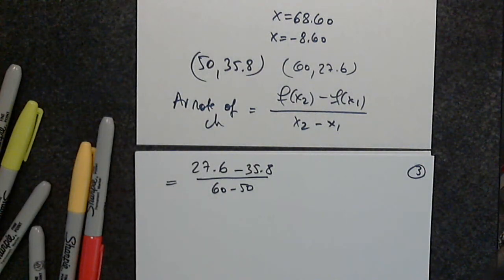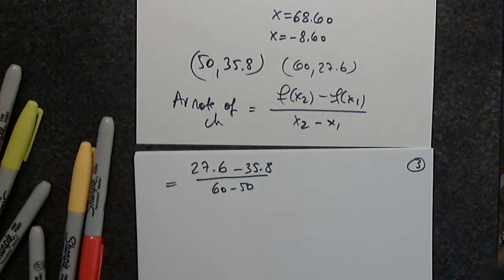So you put it in the graphing calculator and just be careful how you put it in. I highly recommend doing it in one step. Put parentheses around the top and subtract the bottom if you want. So here's how we do it. Left parenthesis, 27.6.